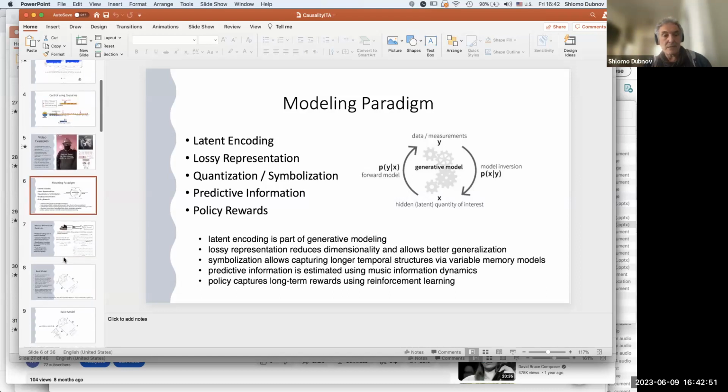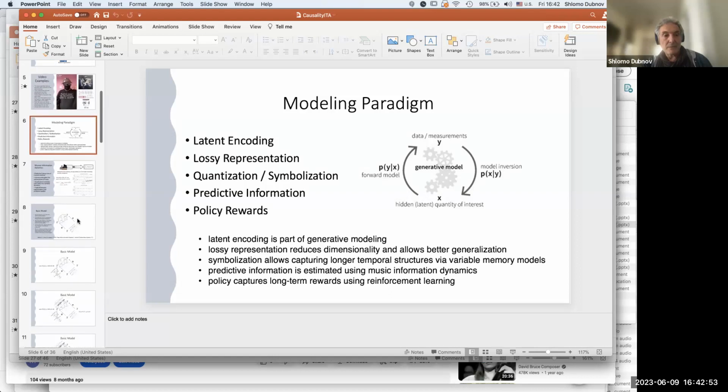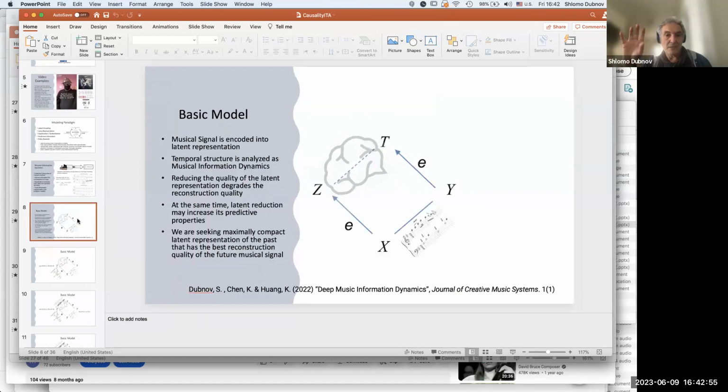So given this kind of idea, I would say the cognitive motivation is what we call a deep music information dynamics model. Again, you have the music itself, and you have some representation in the brain. And this is the mapping, maybe, of short segments. If you want to think about the half bar of Prokofiev, and that captures a representation.